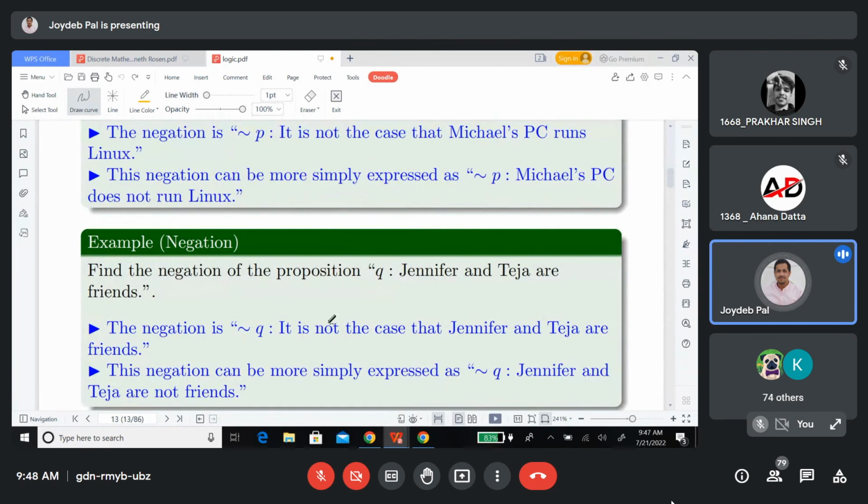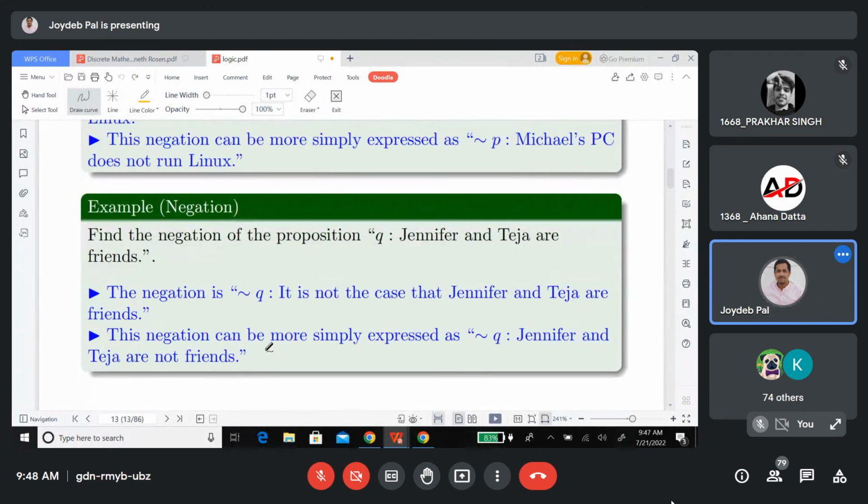We denote the proposition by Q. Now, what is the negation? It is negation of Q. Then you write the statement. According to the definition, you can write: it is not the case that Jennifer and Teja are friends. And in a simpler way, you can write: Jennifer and Teja are not friends.